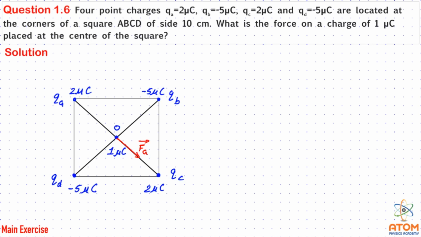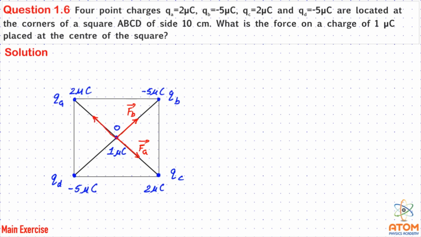Then this minus 5 microcoulomb will attract this 1 microcoulomb towards it. So here is the force due to QB, that means I will name it FB. Then this 2 microcoulomb QC will repel it. It will repel 1 microcoulomb.